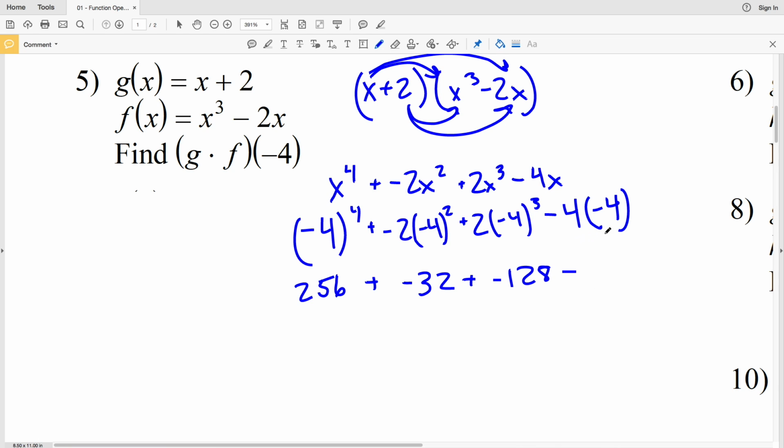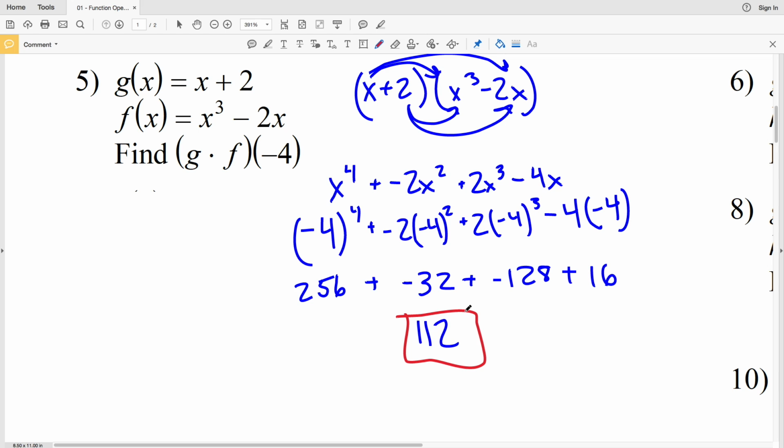And then I'll be subtracting 4 times negative 4, but that's going to be a negative, and subtracting a negative is the same as adding a positive, so I'll add positive 16 to that. 256 plus negative 32 plus negative 128 plus 16 equals a positive 112. So 112 is my solution in number 5.